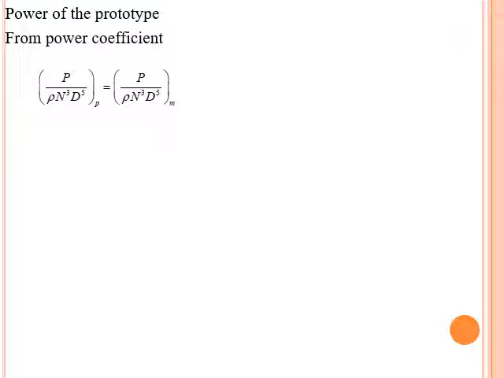So now I want to find out the power produced by the prototype, P_p, which equals that expression, and all the given values are substituted in this expression. Then finally I am getting the answer, that is power produced by the prototype is equal to 7236.29 kilowatt.